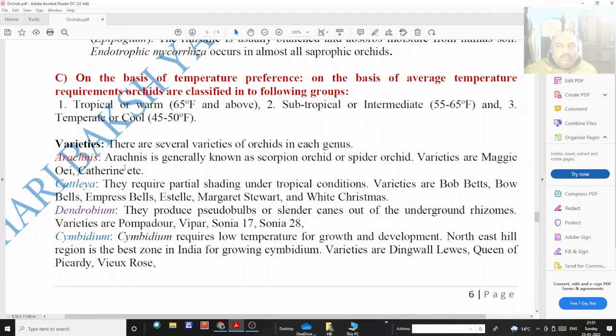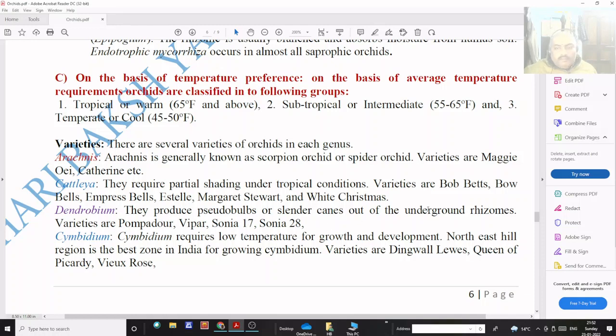Taking all these into consideration, very few varieties under important genera have been mentioned here. Like in Arachnis, Maggie Oei, Catherine. Under Cattleya, it is Bobbells, Empress Bells, Stell, Margaret Stewart, and White Christmas.